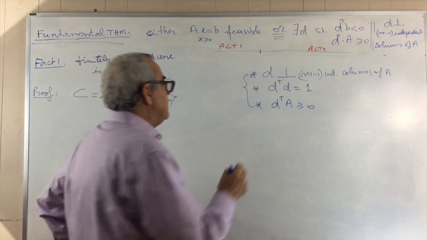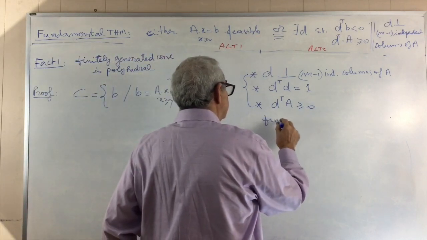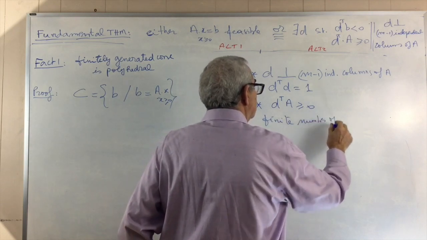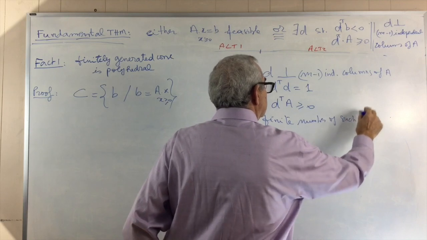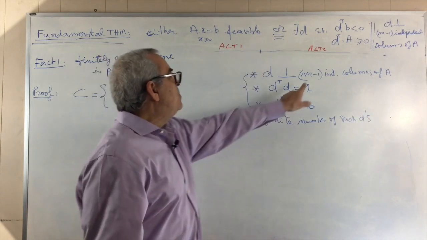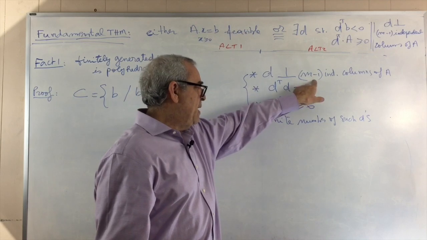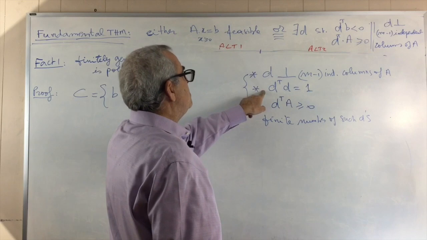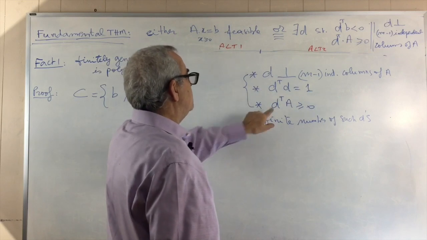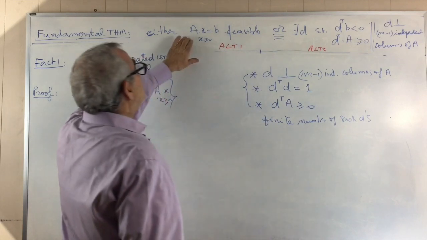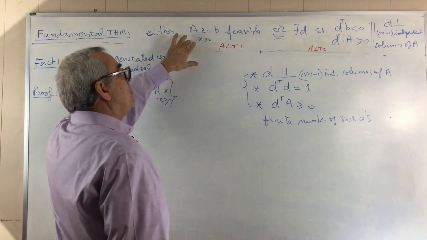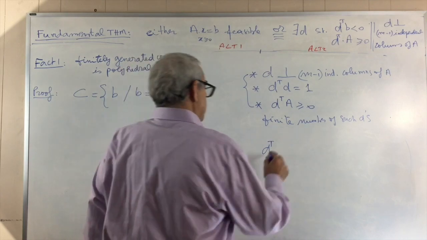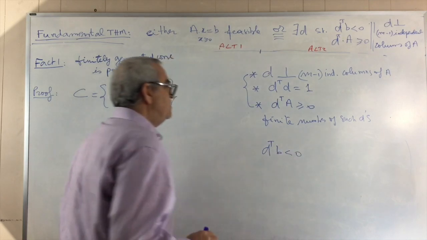There are only a finite number of such d's, because there are only so many ways of choosing m-1 independent columns of A. Then we restrict it to d transpose d equal to 1 and d transpose A greater or equal to 0. If this is infeasible, then d transpose b is negative.